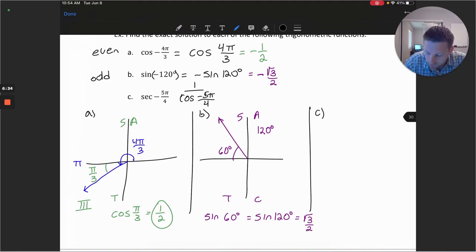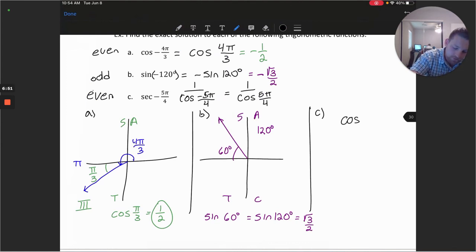Cosine is, again, going to be even. And so we can rewrite this as 1 over cosine of 5 pi over 4 as a positive angle. So first, we want to find what is cosine of 5 pi over 4, and then we'll just take the reciprocal of that.